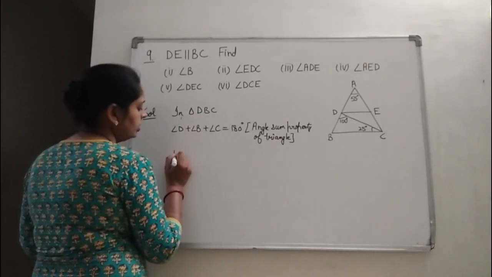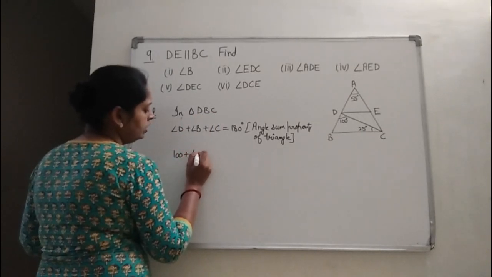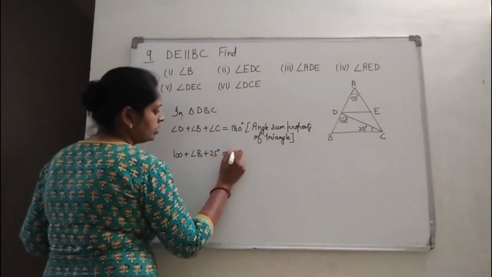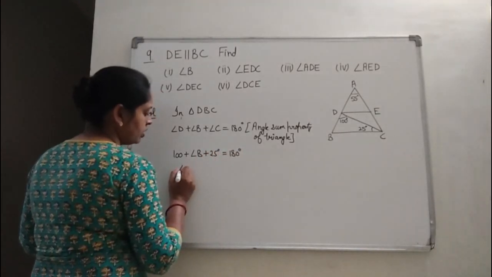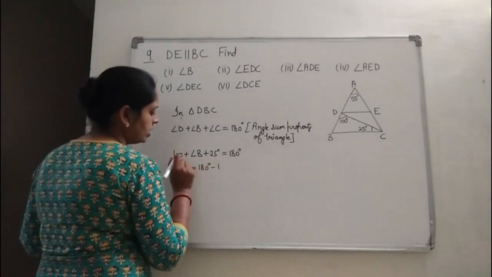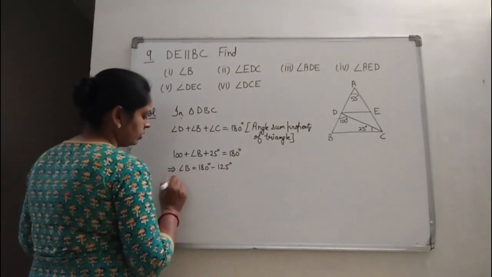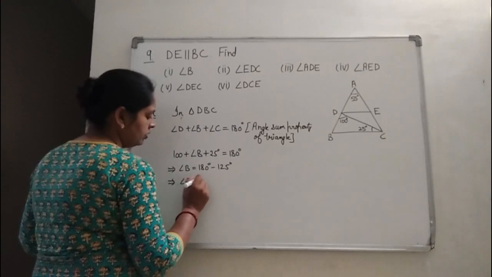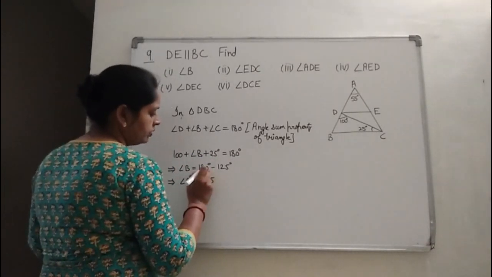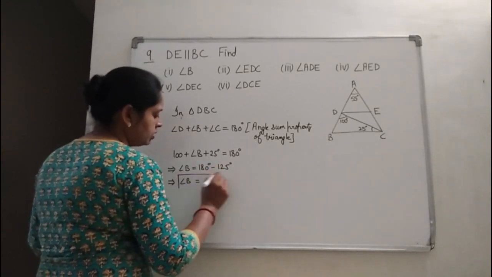Angle D is given 100 degrees. Angle B we need to find, and angle C is 25 degrees. That is equal to 180 degrees. So angle B will be equal to 180 degrees minus 100 plus 25, which is 125 degrees, which implies angle B will be equal to 180 minus 125, which gives 55 degrees. So we got the measurement of angle B.